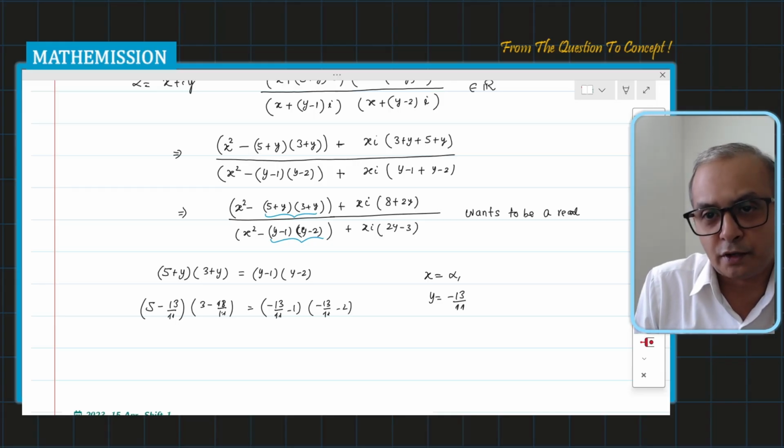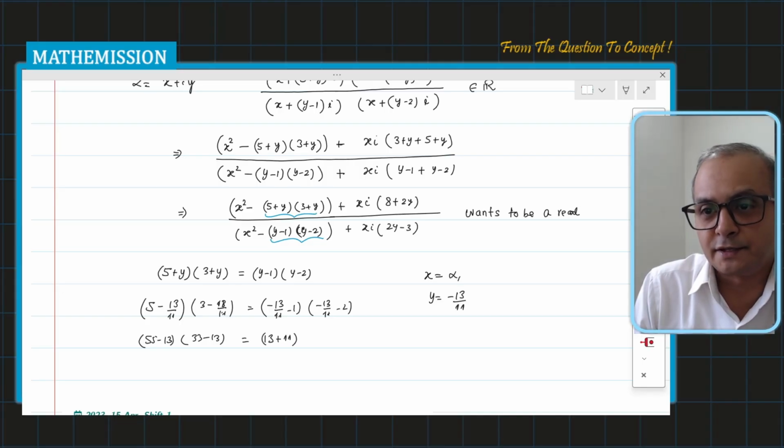This is going to be 11 into 5 is 55 minus 13, and here 33 minus 13. And this side, what is that? 11 and 13 into 13 plus 11, because minus and minus I can manage. And here also 13 plus 22.